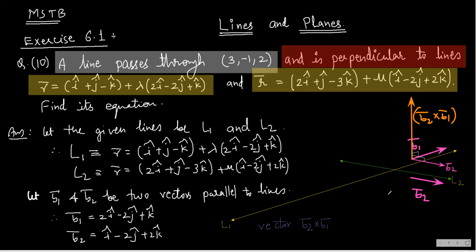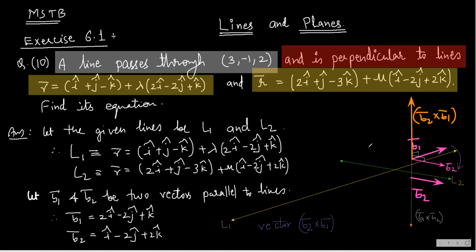If you had found B1 bar cross B2 bar, that would have given you the vector in the opposite direction. So you should not worry for that.